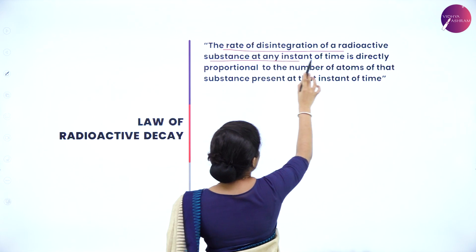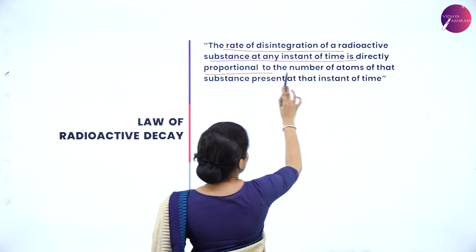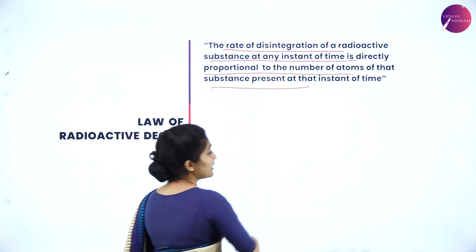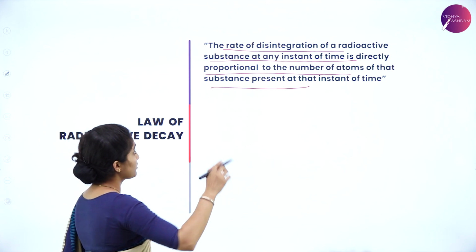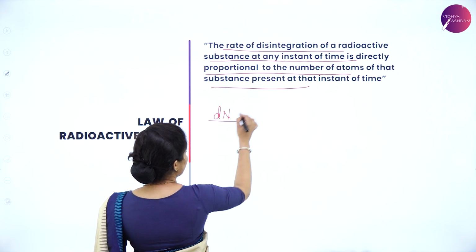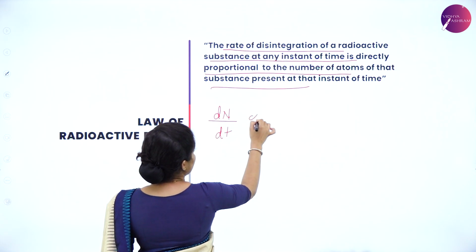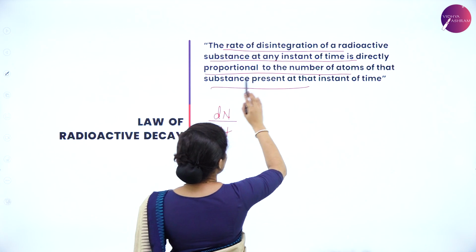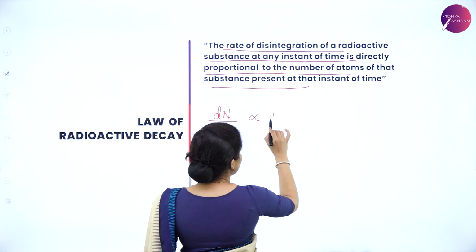And next we have the law of radioactive decay, which means the rate of disintegration of a radioactive substance at any instant of time is directly proportional to the number of atoms present in that substance in that interval of time. That is, dN divided by dt is directly proportional to N, the number of atoms of that substance present at that instant.